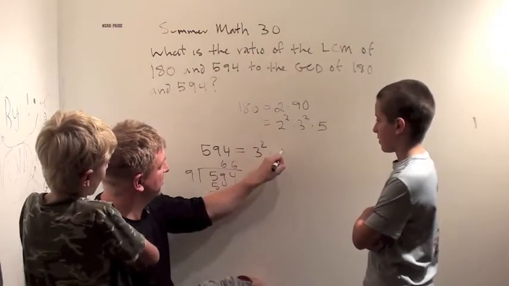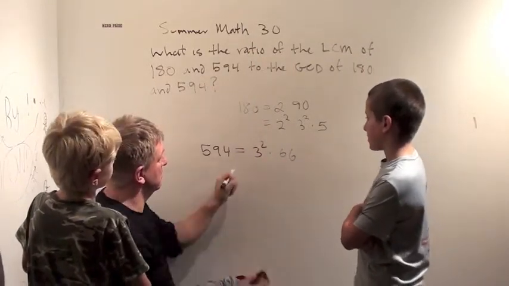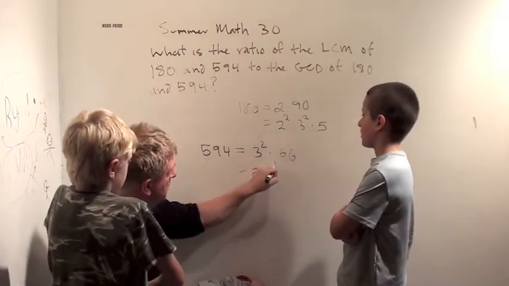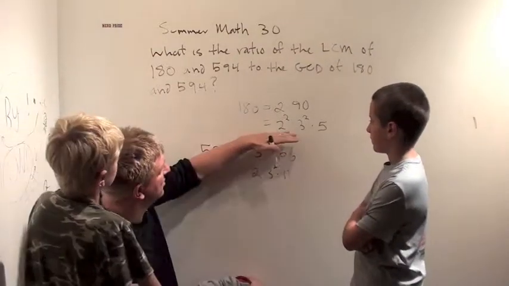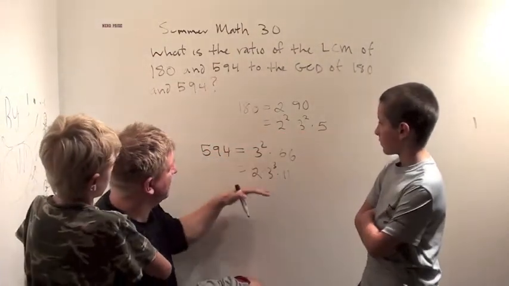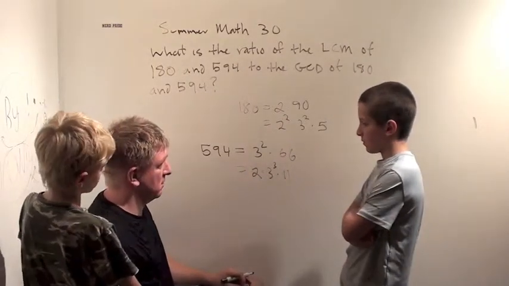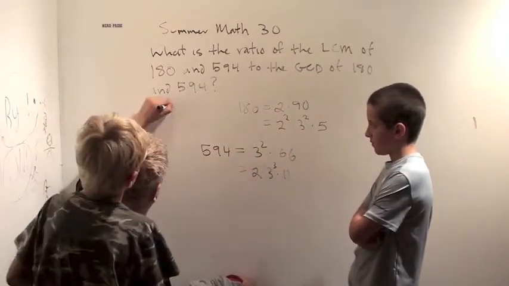So 3 squared times 66. That's 11 times 6. So it's 2 times 3 cubed times 11. So we have 2 squared times 3 squared times 5, and 2 times 3 cubed times 11. Those are the numbers.